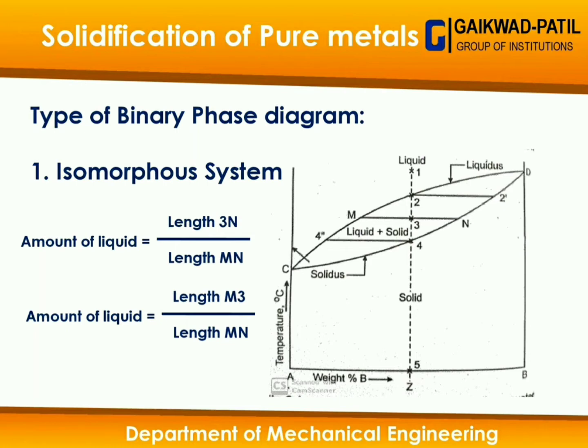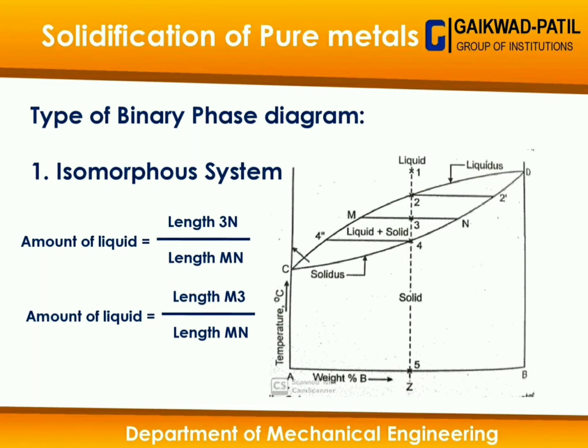Below point 3 we get point 4, at which complete solidification starts, and at point 5 we get a complete solid solution. At point 2, liquid plus solid occurs, but the liquid quantity is more. At point 1, complete liquid occurs, since that point lies above C and D, the melting points of metals A and B.